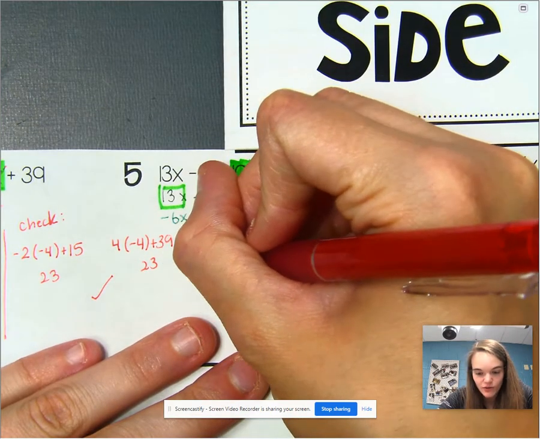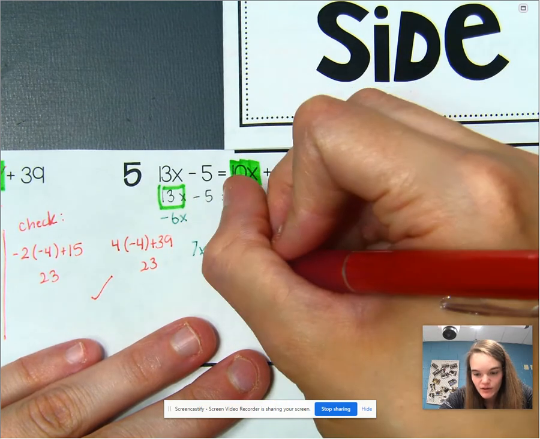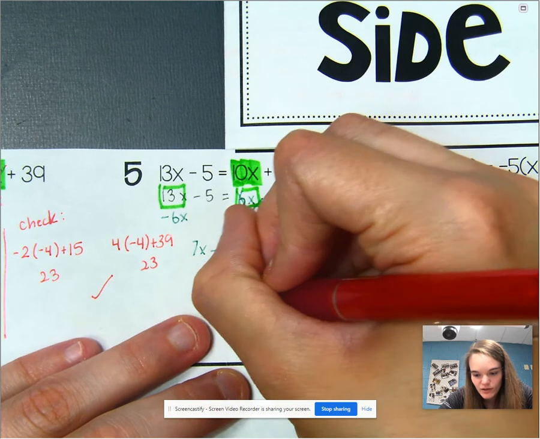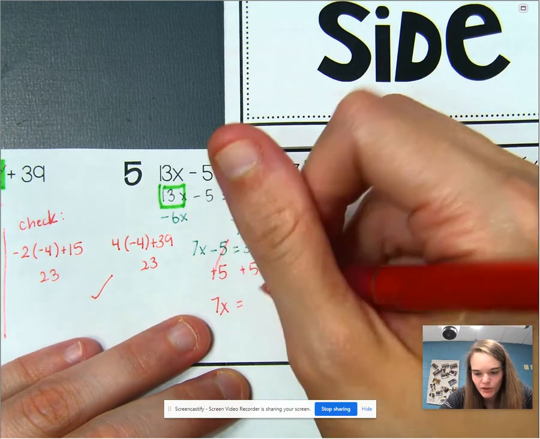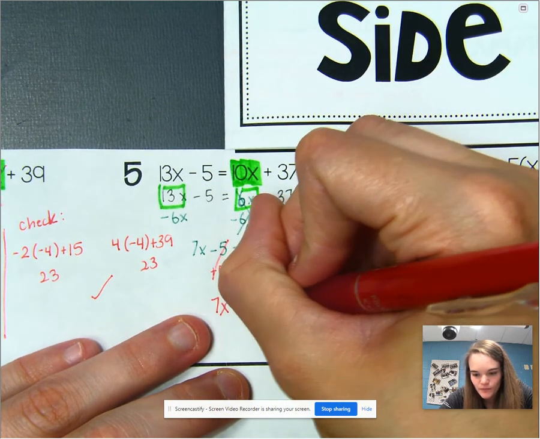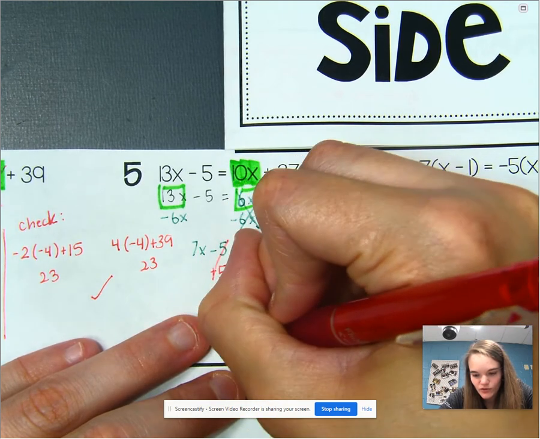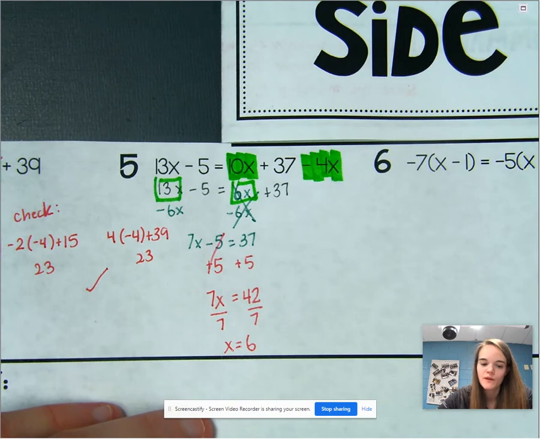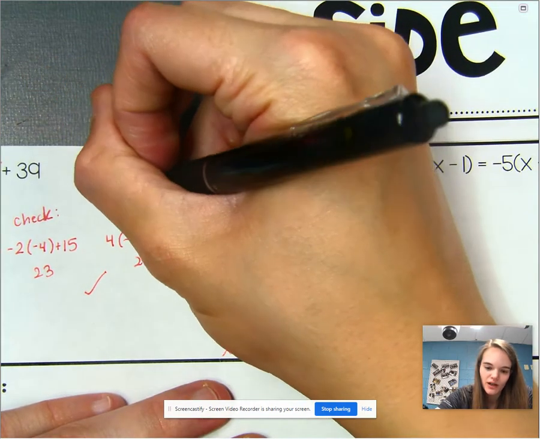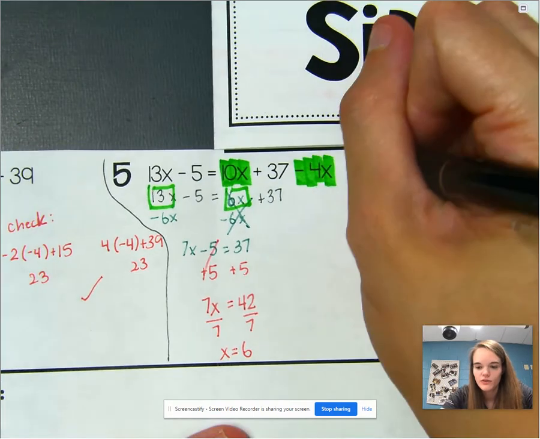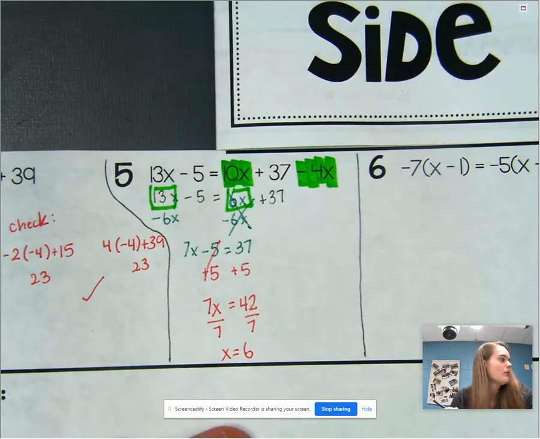Add 5. 7x equals 37 plus 5 is 42. Divide by 7. X equals 6. There you go. I'm going to draw a nice line here so we know which problem is which, since I kind of bled over into the other problem.